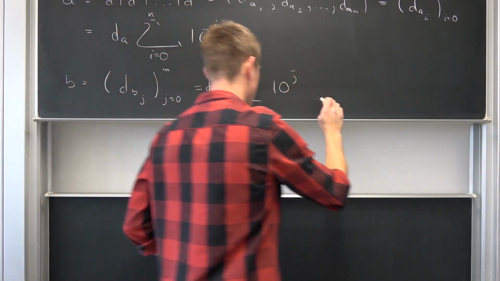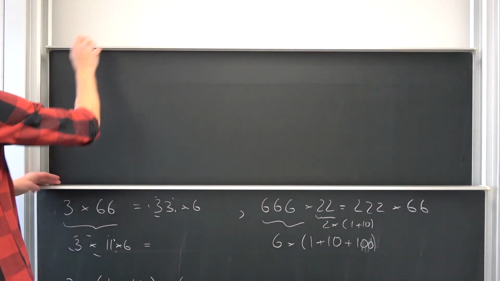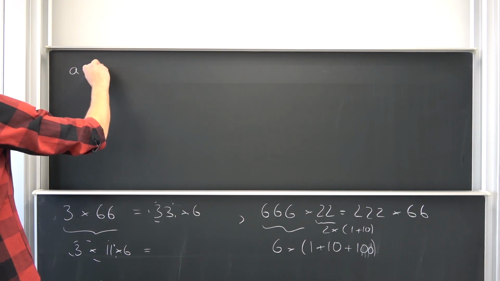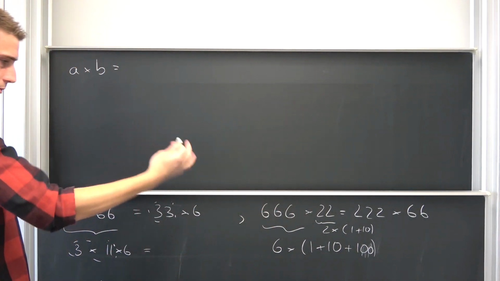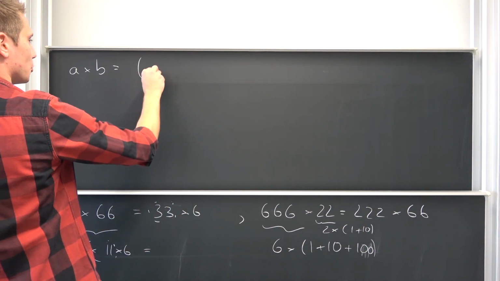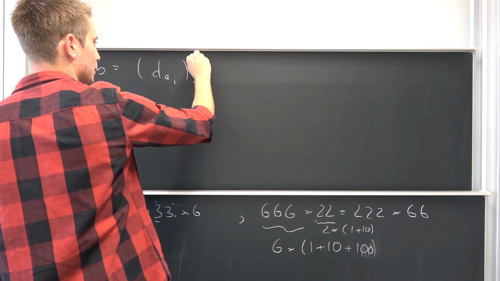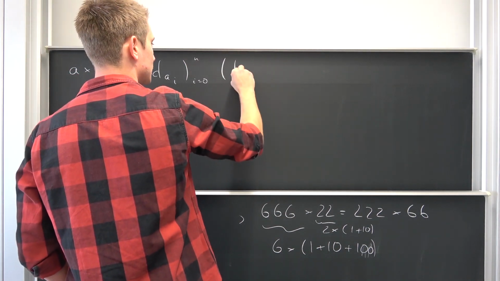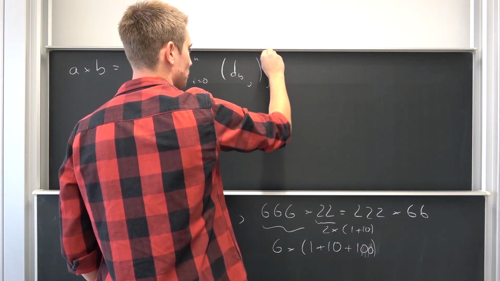And now we can take a look at a times b. And now here's the rigorous process, we are going to make this nice and formal. This is on the one hand dA in the i-th place, i being equal to 0 to n, times the digit of b in the j-th place, from j being equal to 0 to m.